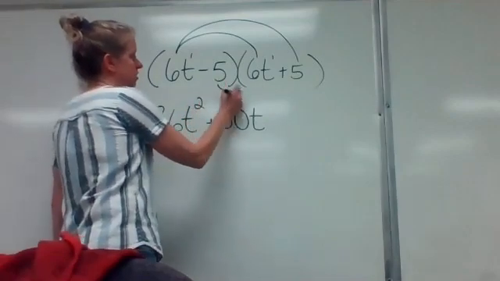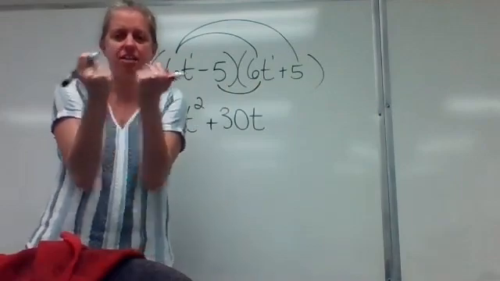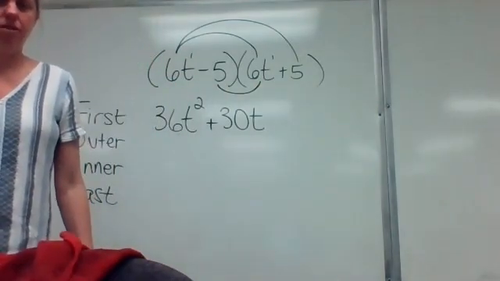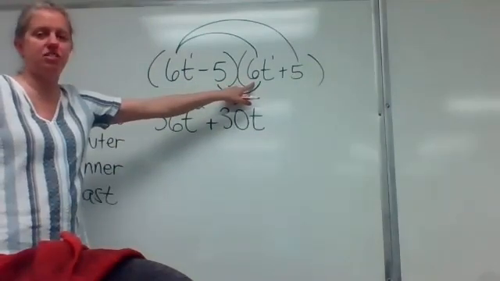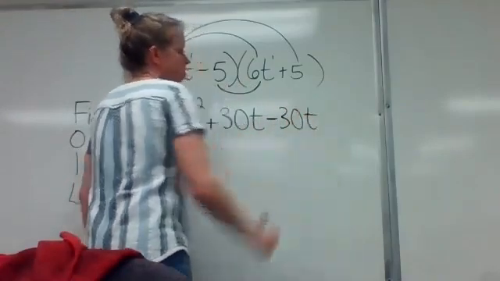My inner means the two most inside terms I'm going to multiply together. Careful with your sign. You've got negative 5 times positive 6t, which is going to give me negative 30t.